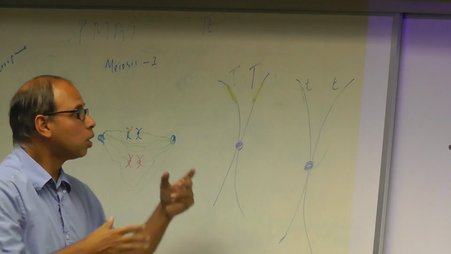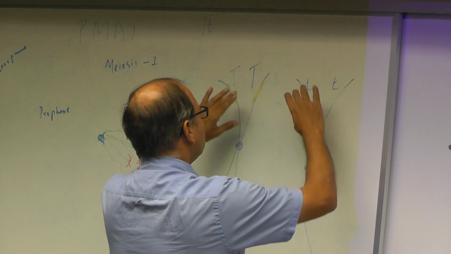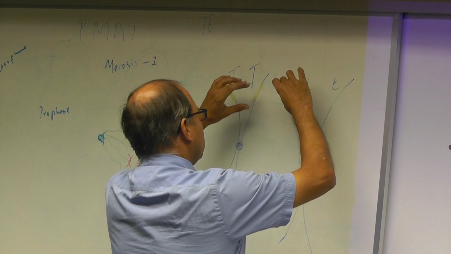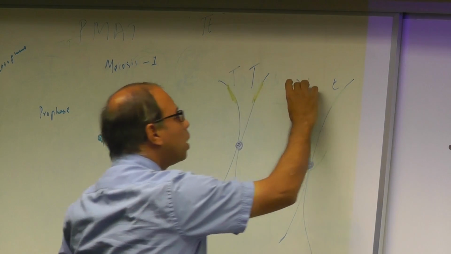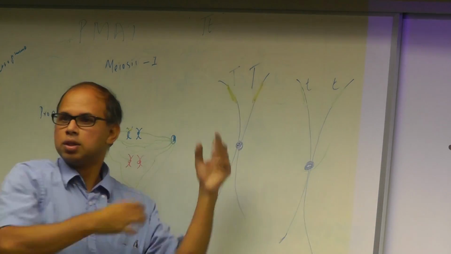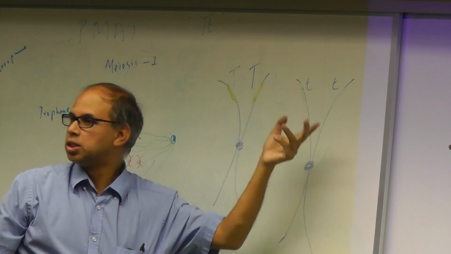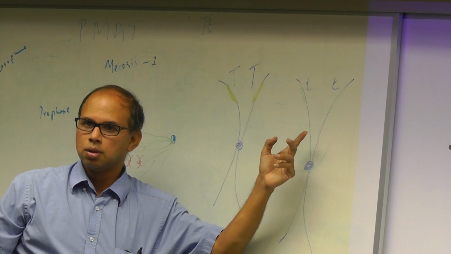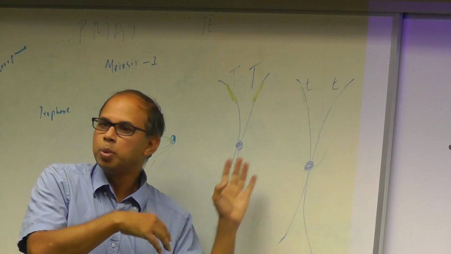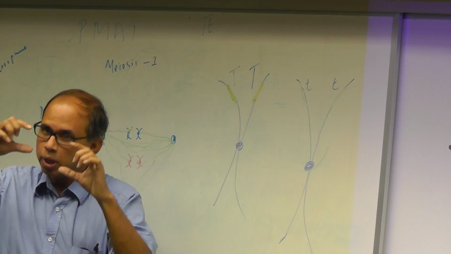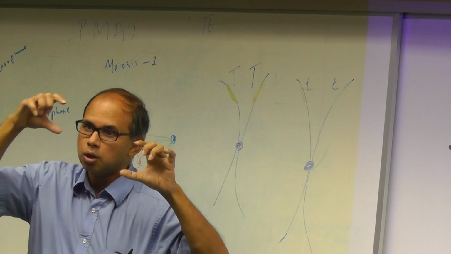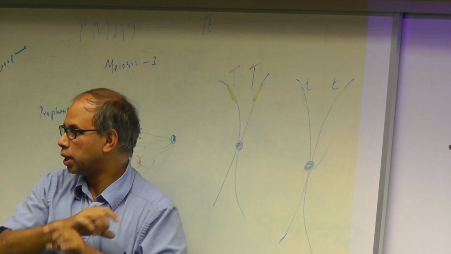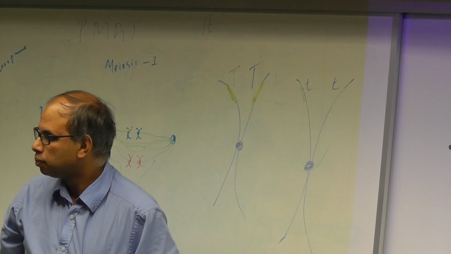And in recombination, what happens is the genetic material here sometimes goes over to the other side. So they just exchange. This exchange doesn't happen at random places. They happen exactly at the boundaries of the genes. The material from one side goes to the other side. What is it called again?